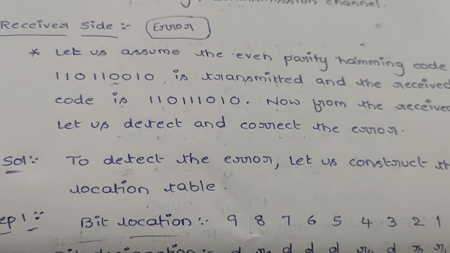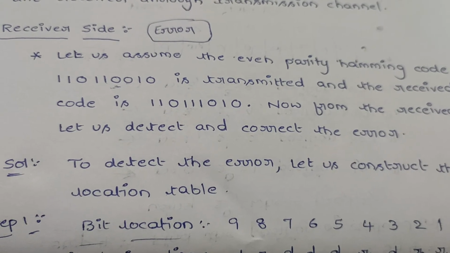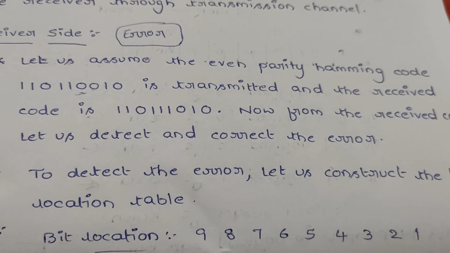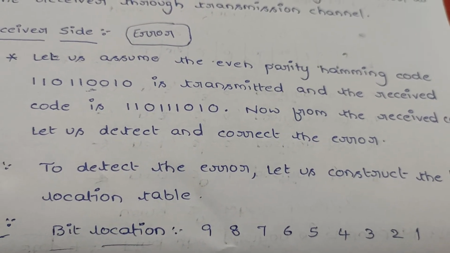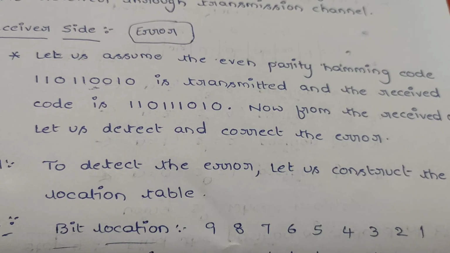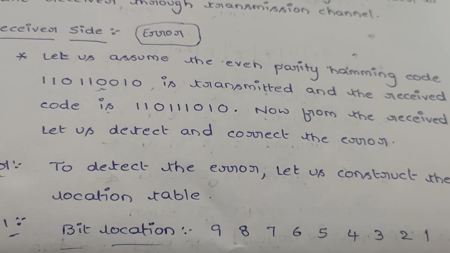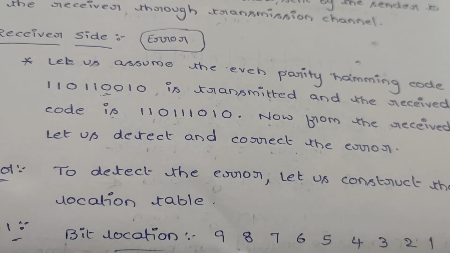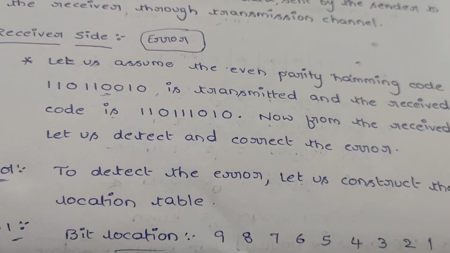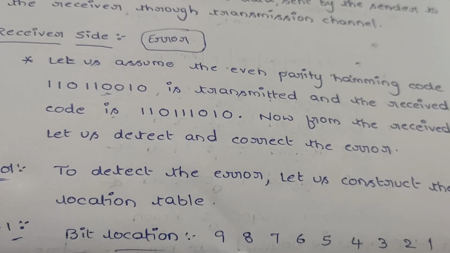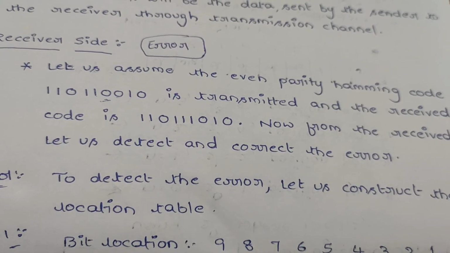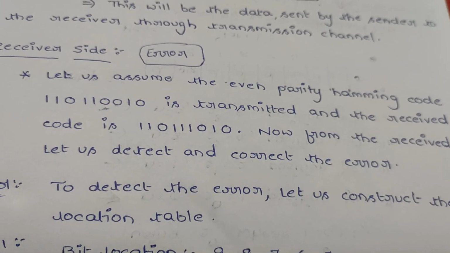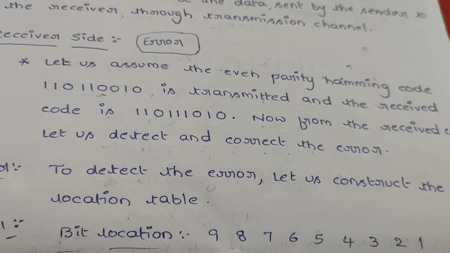The above Hamming code, 110110010, is transmitted, and the received code is 110111010. See, the sent code is different from the received code. Here one bit, at the fourth position, is changed. In the sent code the fourth bit is 0, but in the receiver's code the fourth bit is 1. Now from the received code, let us detect and correct the error.